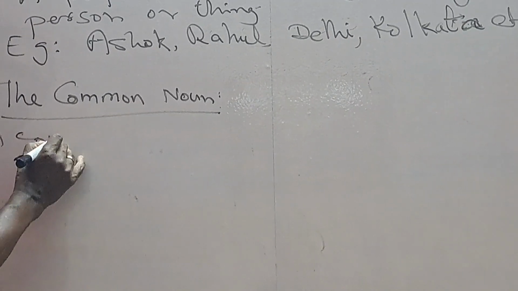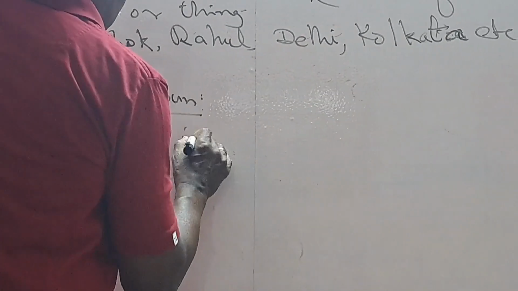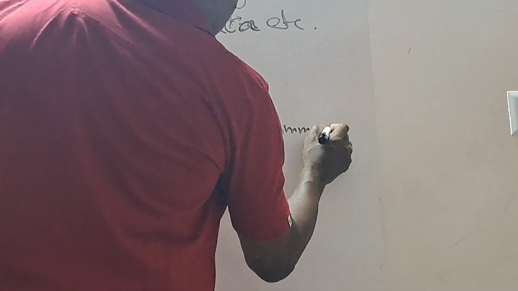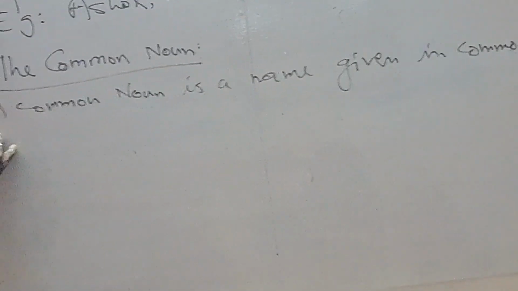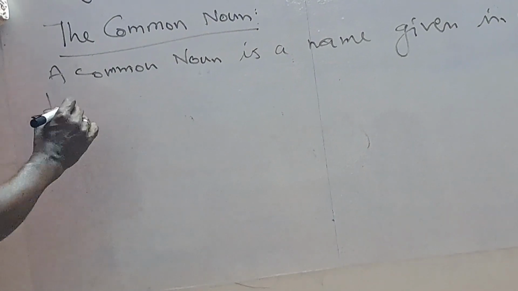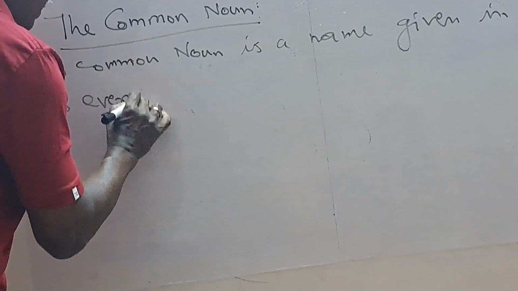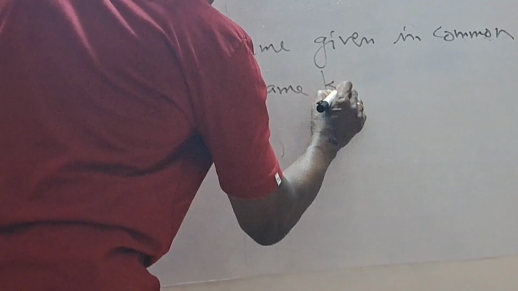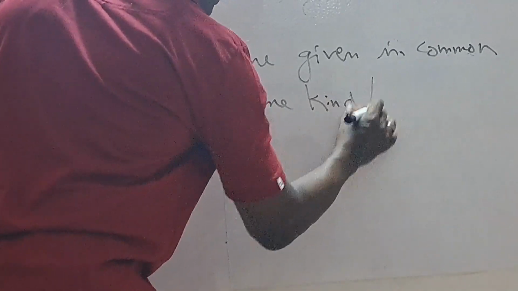So number 2, second one is the common noun. A common noun is a name given in common to every member of the same kind or class.